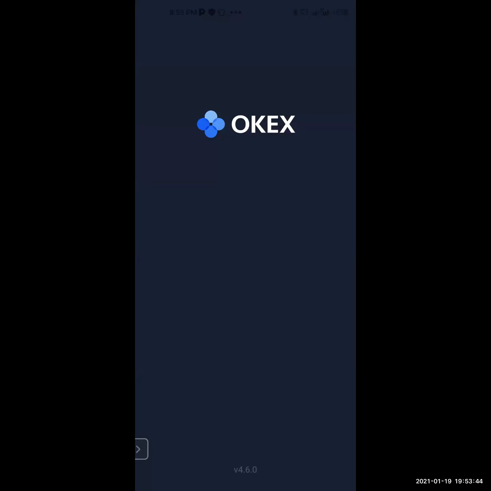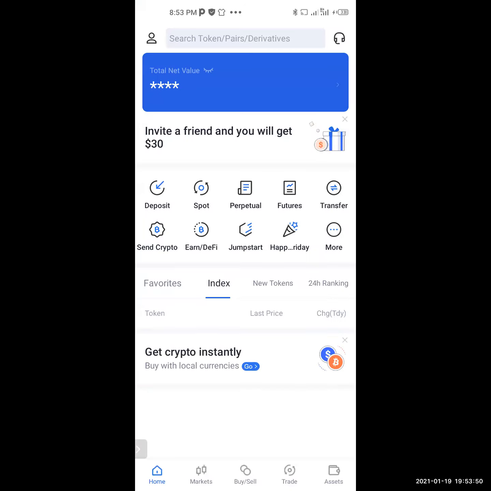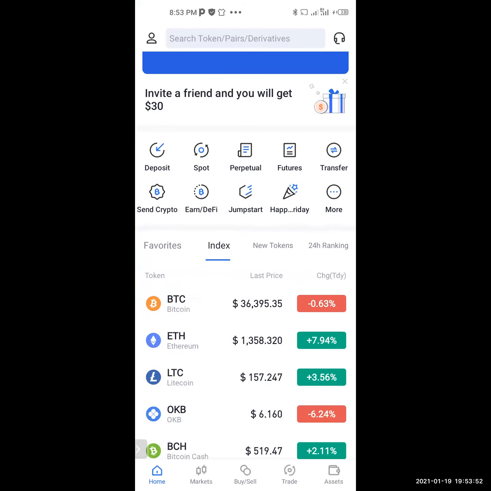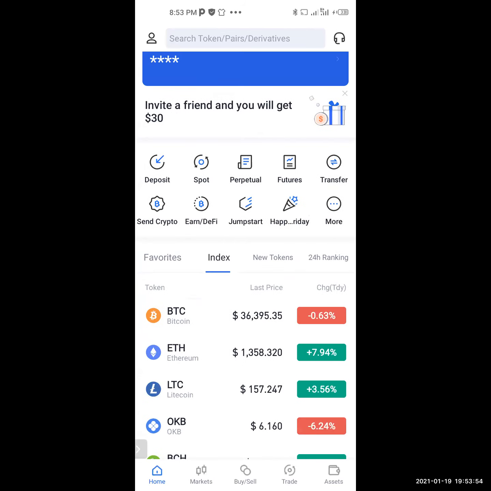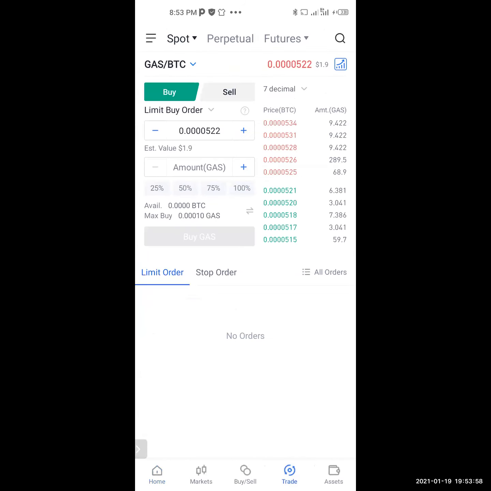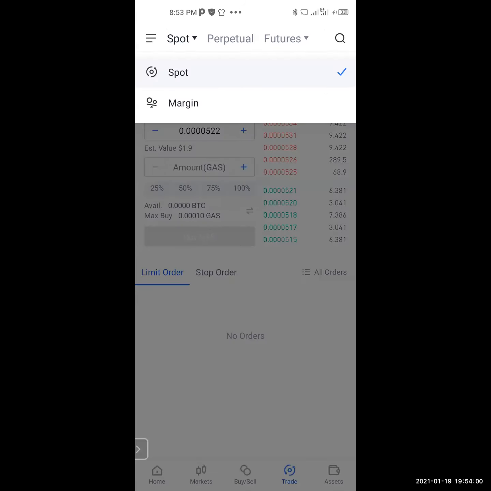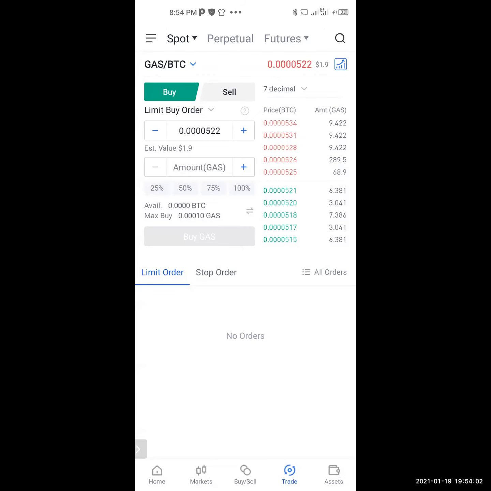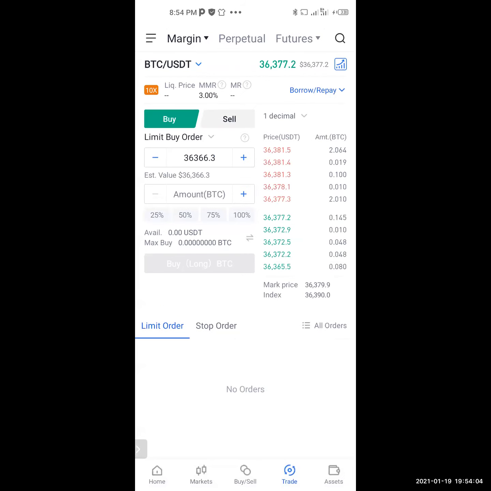Now, when you're trading margin or leverage, like for example now, let's go to margin.